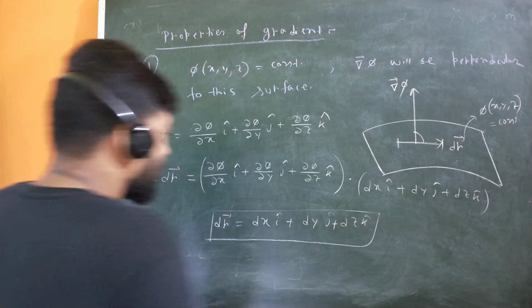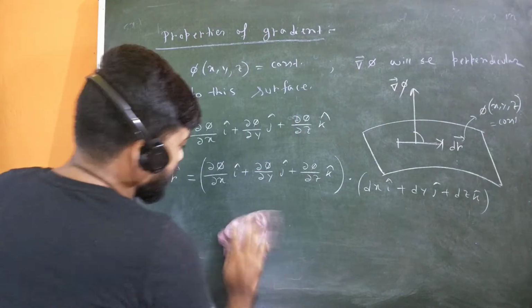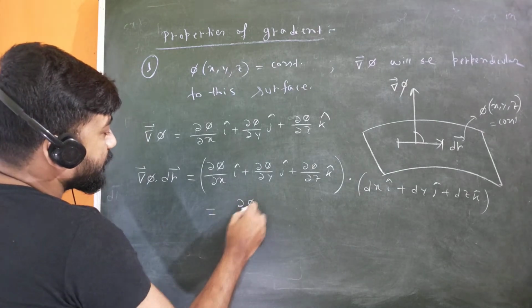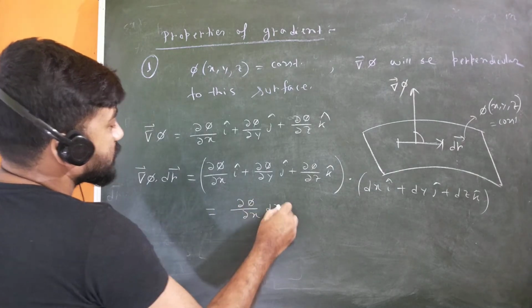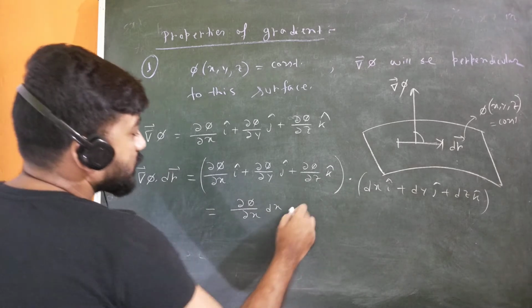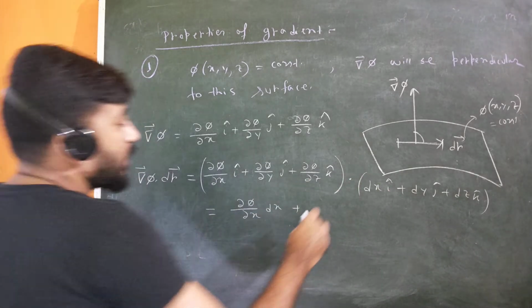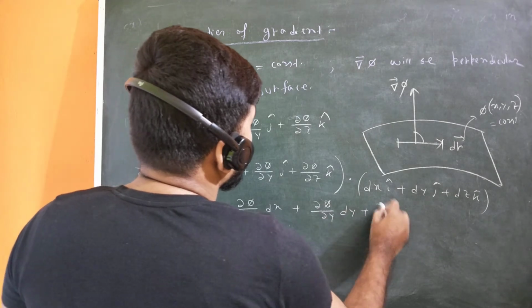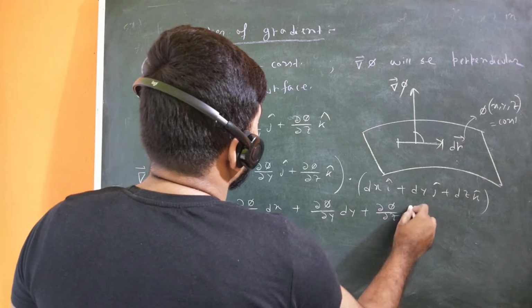Now if you simply do the dot product, i dot i is 1, similarly j dot j is 1, so it will give you del phi/del x dx plus del phi/del y dy plus del phi/del z dz.